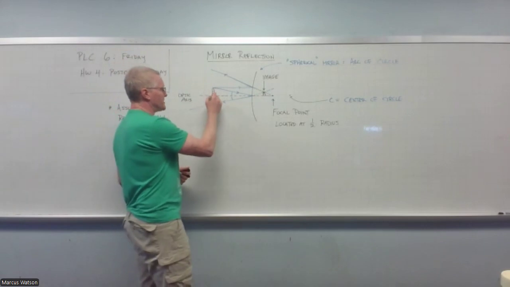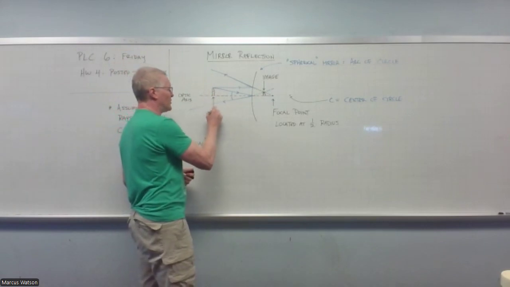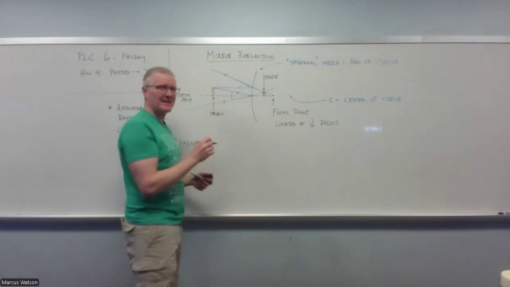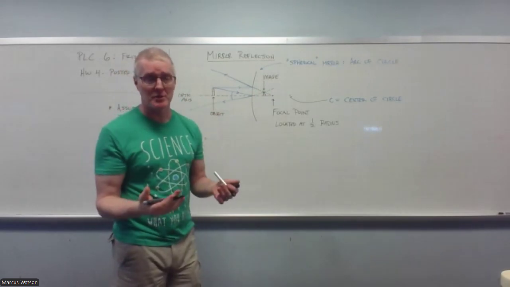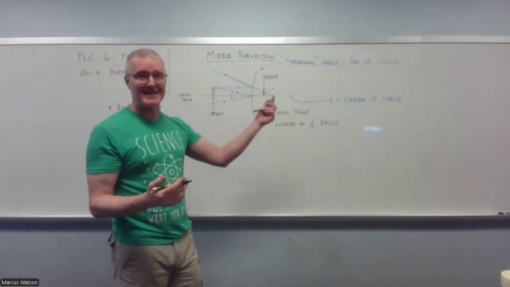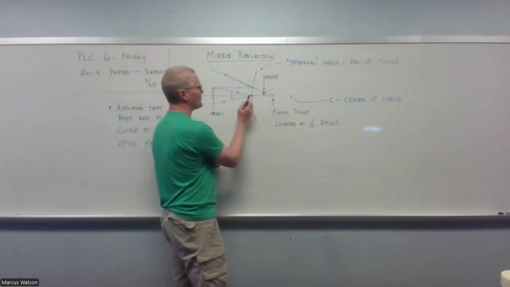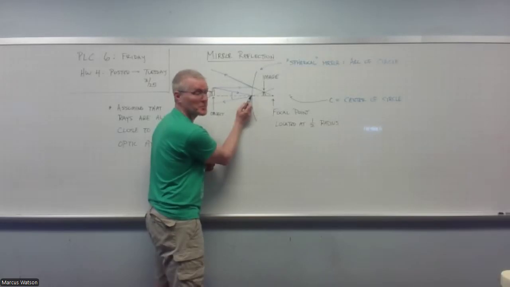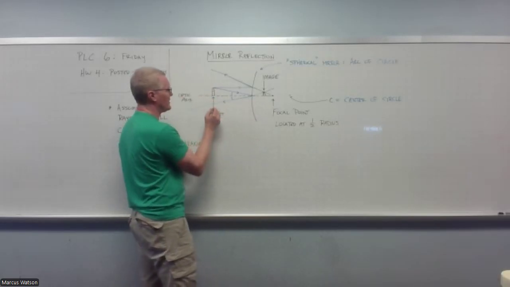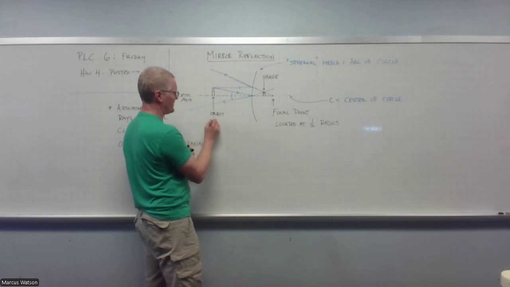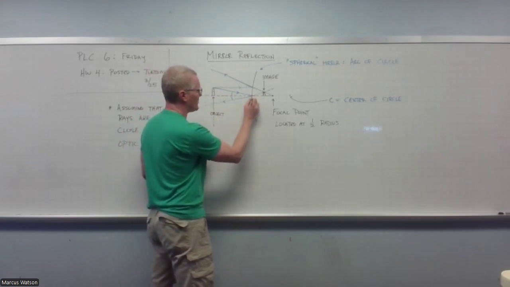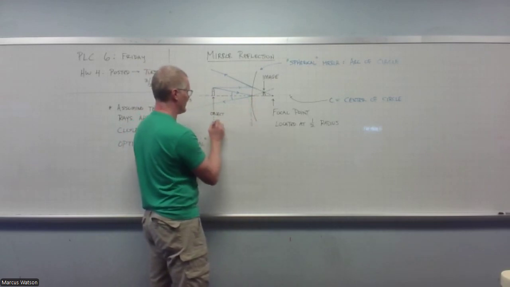Of course, this is the object here. And so we'd have the object distance and the image distance. Now, where are we going to measure those from? They're going to be measured on the axis. So the object distance would be from the point where I just bounced this ray, over to here.